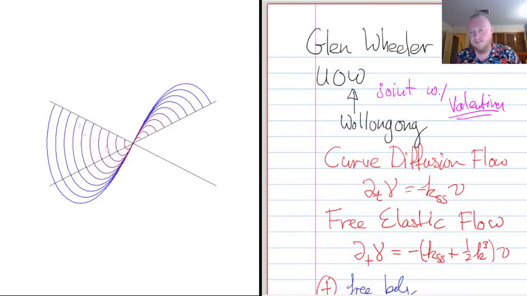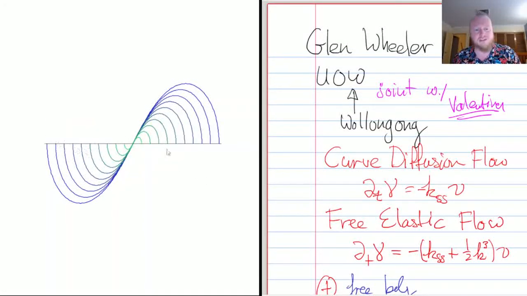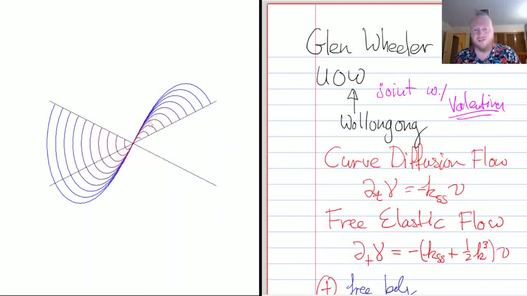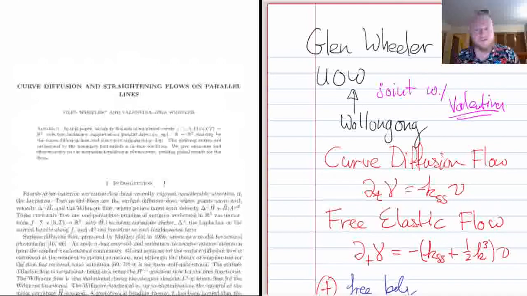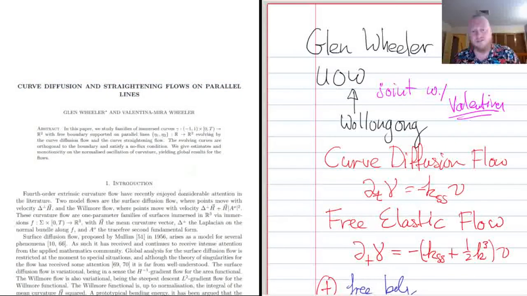This is a shrinker, the lemniscate of Bernoulli, and you can arrange your lines. These are not parallel lines, but there's a reason why we consider parallel lines, and it's to prevent things like this from happening. And the actual paper where this appears is called this, and this is a new version of this paper.